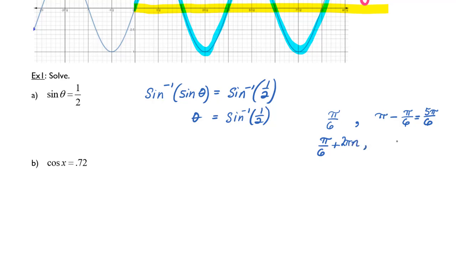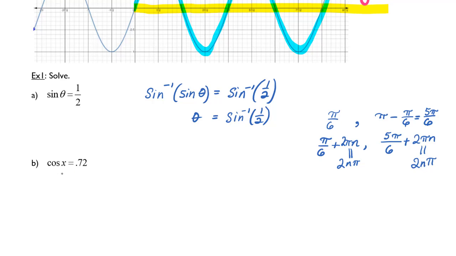And then for 5 pi over 6, that will happen every full rotation, so we'll say plus 2 pi n. You will also see this written as 2n pi. These are equivalent. You could also say the same here, 2n pi. I've also seen it as 2 pi n. It just depends on what you prefer.